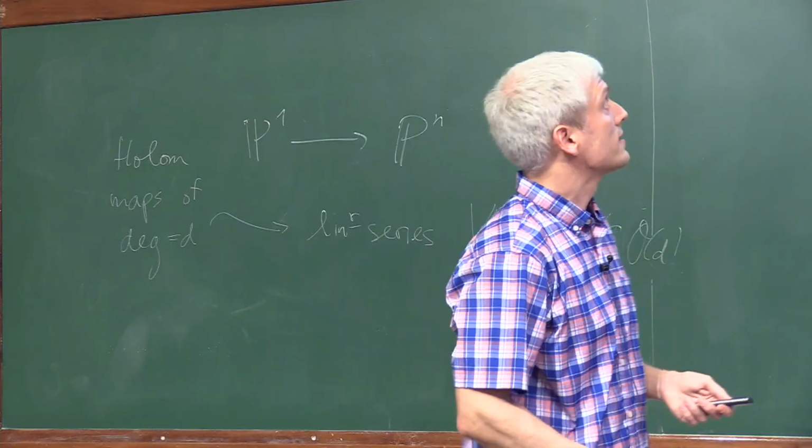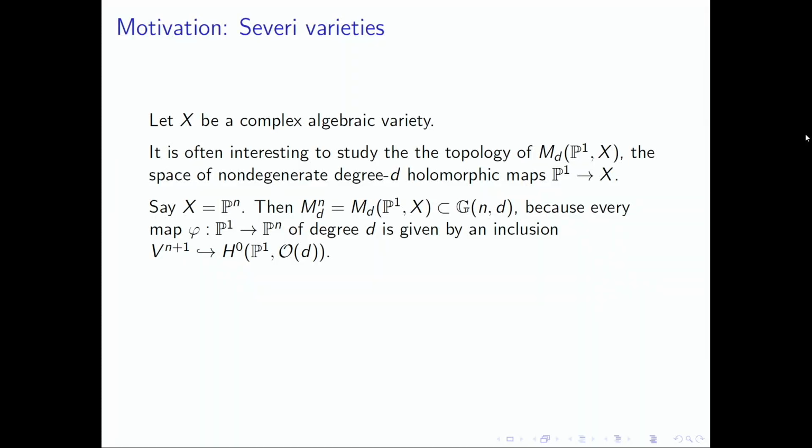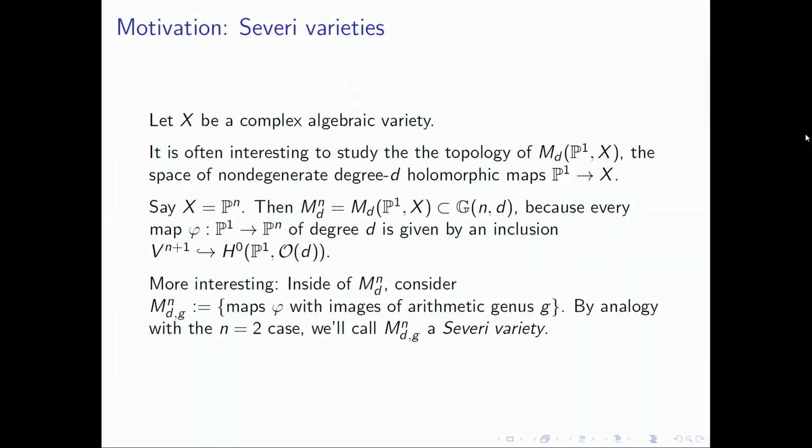In a sense, those maps aren't particularly interesting, but they become more interesting if we start adding decorations. For example, we could require that we only look at maps whose images have arithmetic genus G. When n is equal to 2, those spaces are very classical.